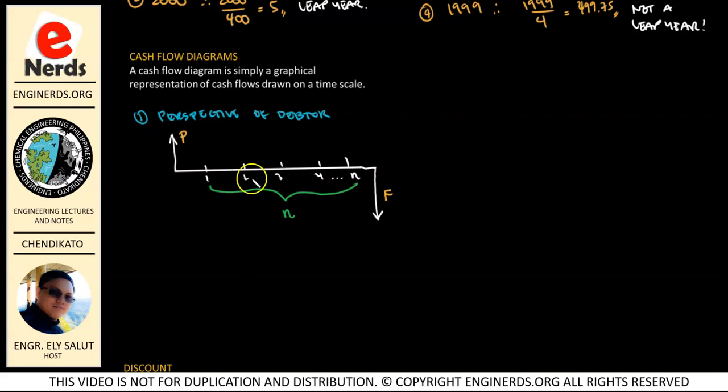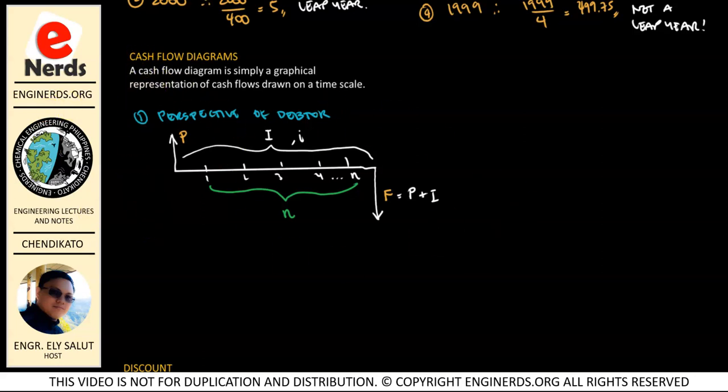And during that time, we accumulated an interest because our F is equal to P plus I. So that means from this length of time, we accumulated an interest, which is based from the interest rate of I. Okay, so yan yung paraan kung paano gumawa ng cash flow diagram.